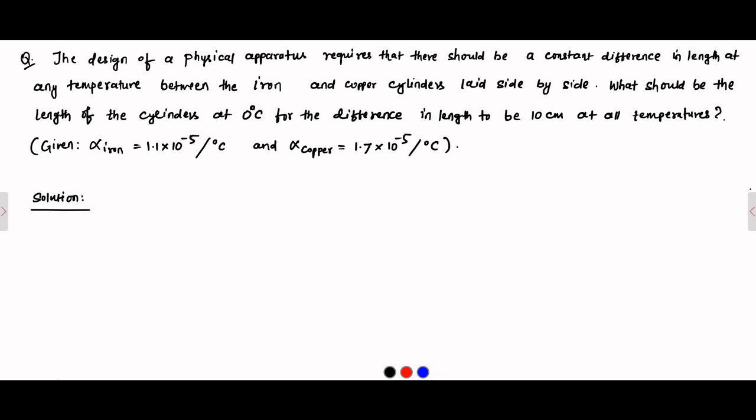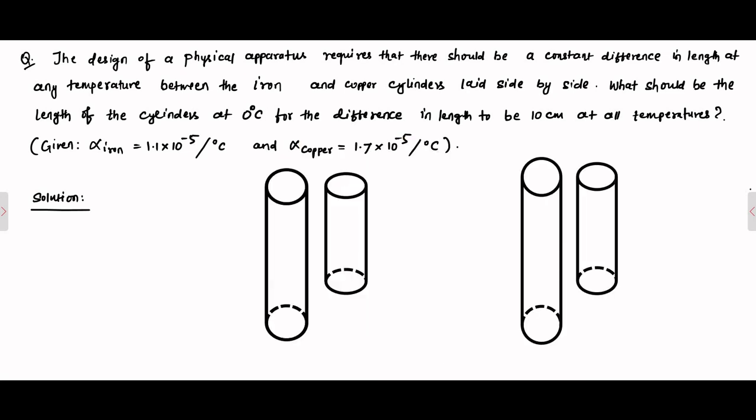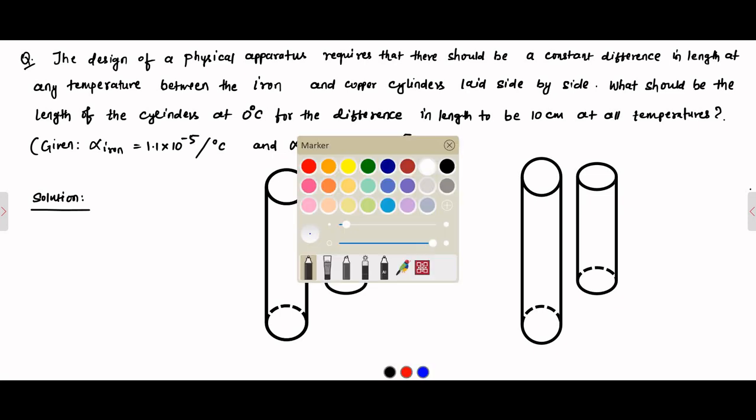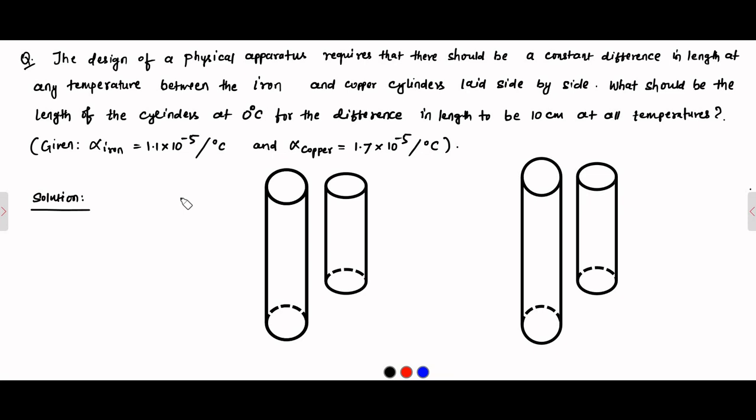Okay, so here the situation is something like this. Let's say we have this first one, let it be the iron cylinder, and this is the copper cylinder, which are laid side by side.